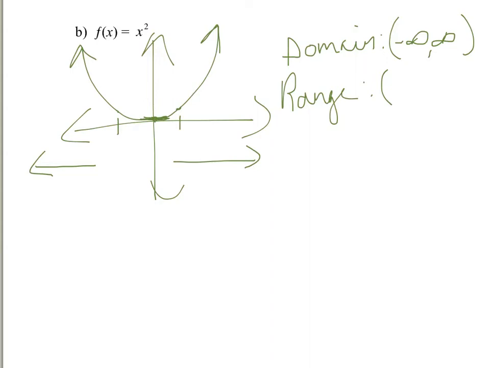So for this, we actually are going to use a bracket instead of parentheses, and we're going to say that it starts at 0 and it includes 0, and it goes all the way up to positive infinity. Let me just erase that there so that you guys see that that is a bracket. All right, so again, it can include 0 and it goes up to infinity, but it cannot go below 0.